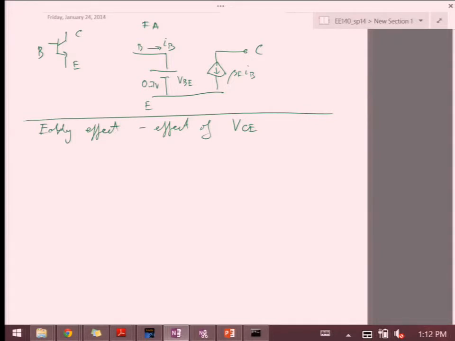If you take a look at the above model in the forward active region, IC, this current over here, should not depend on VCE, the voltage between collector and emitter. That's usually our output voltage. So here I would say it's just beta F IB.